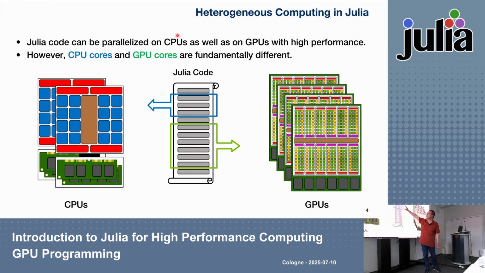For example, this part, let me use the virtual laser pointer so that online participants can see. You can parallelize this part, for example, like this blue arrow, to utilize multiple CPU cores, those blue squares, on one CPU socket, or even multiple CPU sockets.